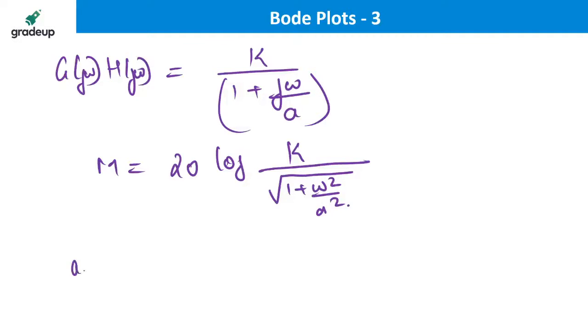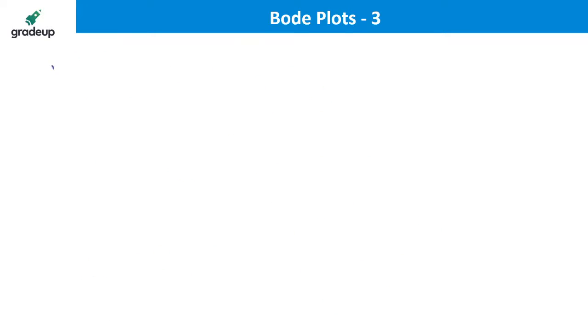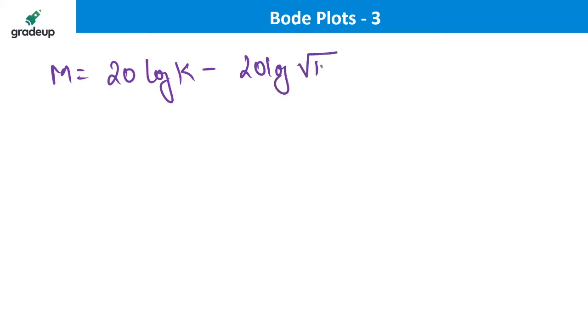Now let's put down the value at omega equal to 0.5a. The magnitude is 20 log K divided by under root of 1 plus (0.5a) squared. So a times a cancels out, it will be 0.25. So the magnitude equals 20 log K minus 20 log under root 1.25.